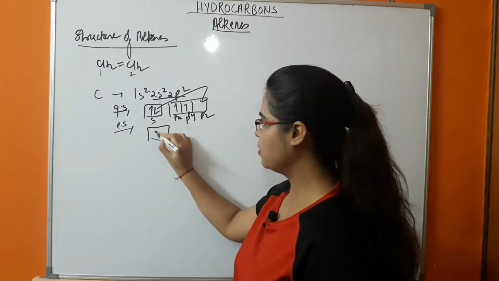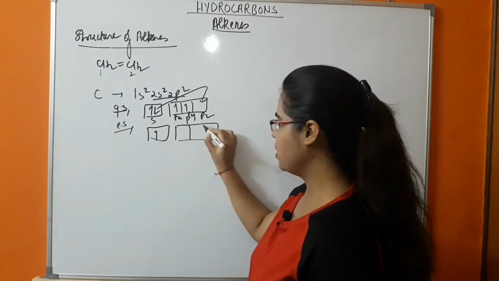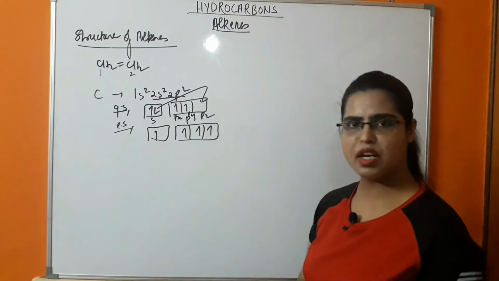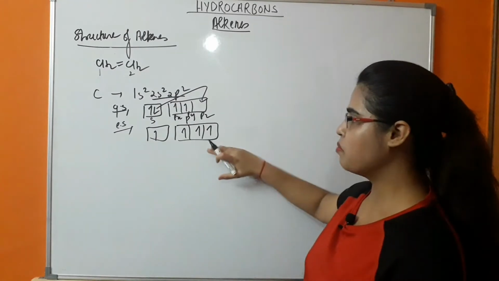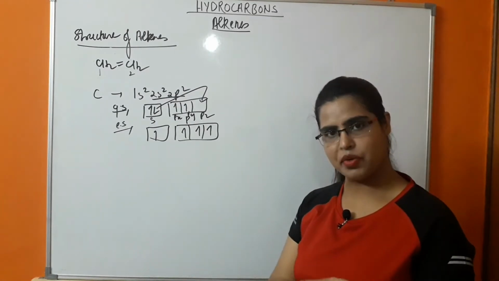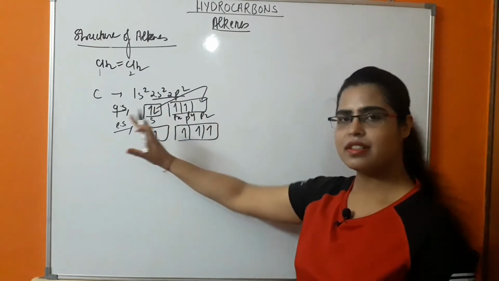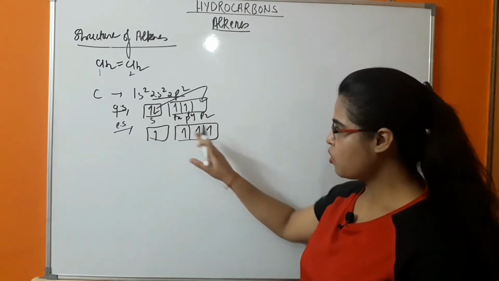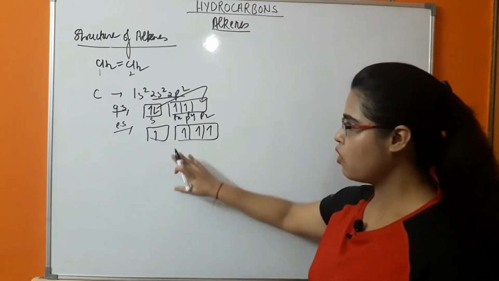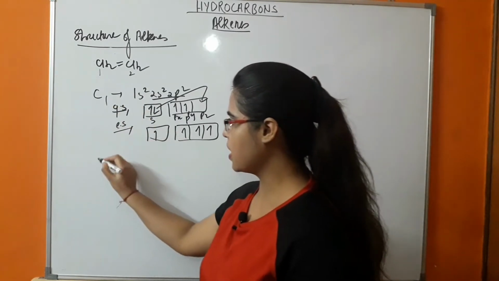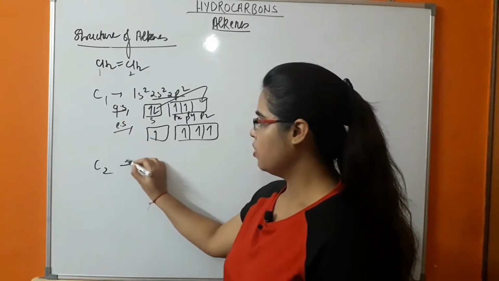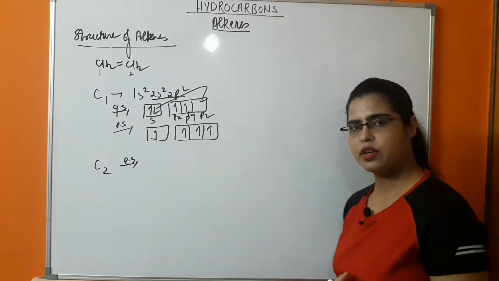Now every orbital has one unpaired electron, and the orbitals of similar energy are hybridized. This is the first carbon, this is the second carbon, and we directly show the excited state of the second carbon.